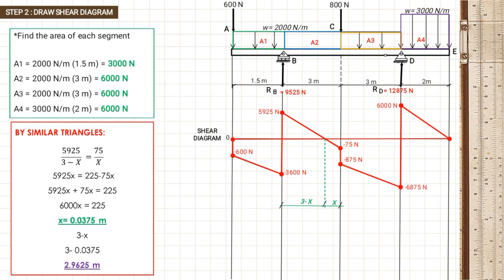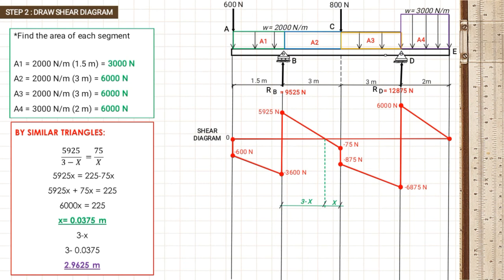And by cross multiply, 5,925x is equal to 225 minus 75x. And by transposition, we will have 5,925x plus 75x is equal to 225. And 6,000x is equal to 225.